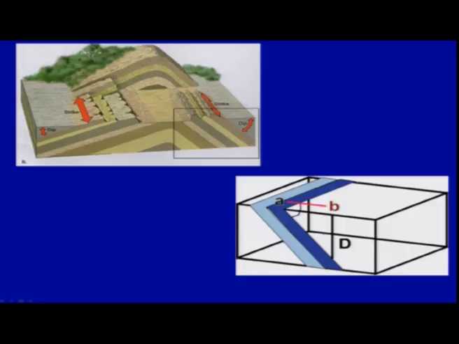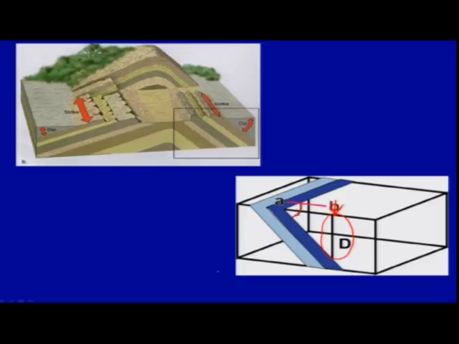Now this is another important part: you can use very simple trigonometry. If you know the inclination of the bed, that is the angle of the bed, then you can easily calculate the depth at a particular point. Suppose you want to know the depth of this bed, A, at this point, or the blue bed at this particular point, and you know the angle.